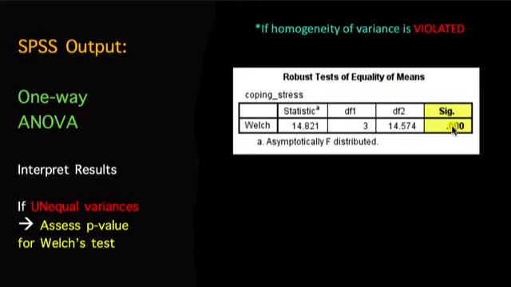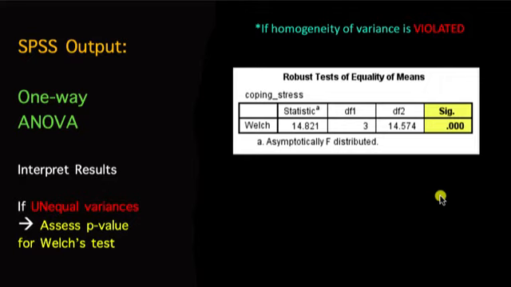The p-value for Welch's test and the ANOVA table will not always be the same. So it is important that you choose to read the ANOVA table when you have met homogeneity of variance, and you read the Welch's test when you have violated homogeneity of variance. The way that we interpret the p-value in the tables are the same.